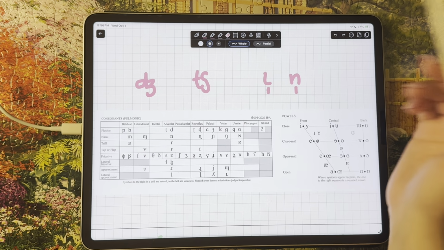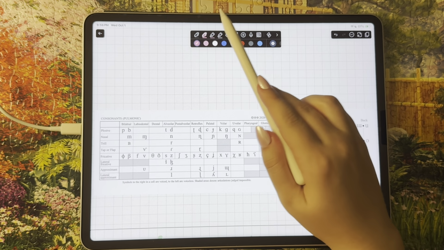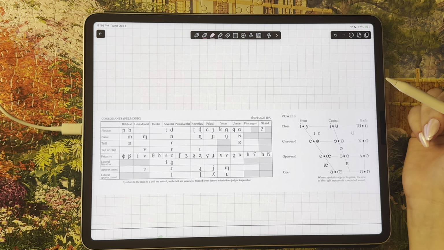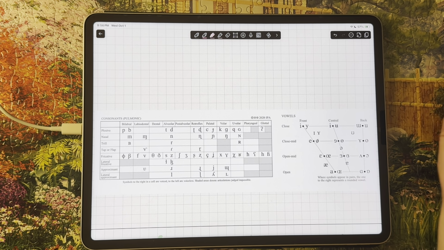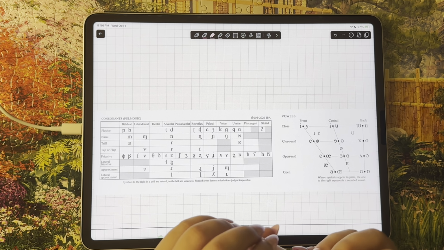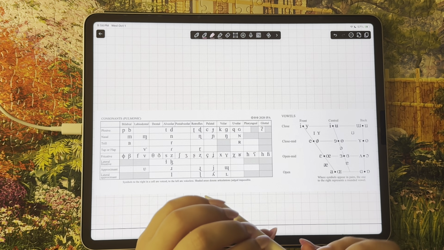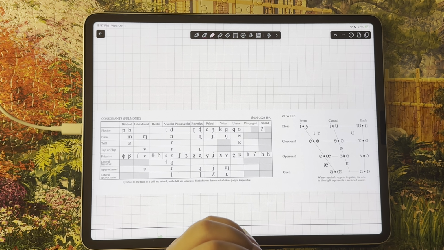I'm going to erase these. Then I'm a little bit less familiar with the vowel chart because when I am learning about speech therapy, we don't tend to find many kids with vowel errors or vowel processes.